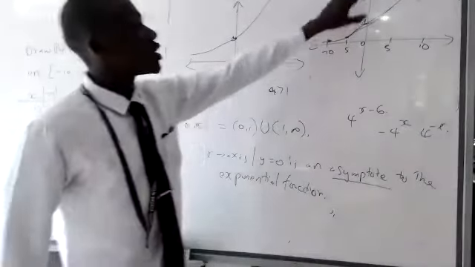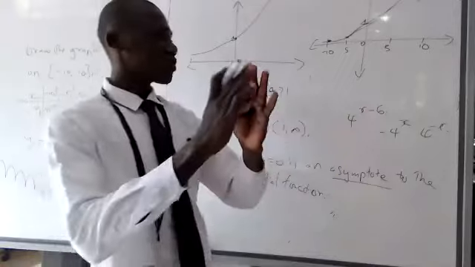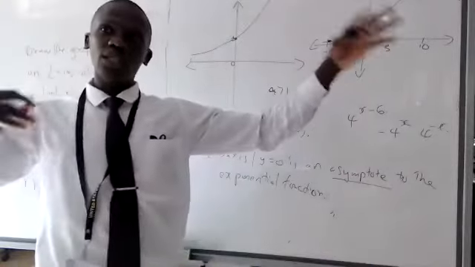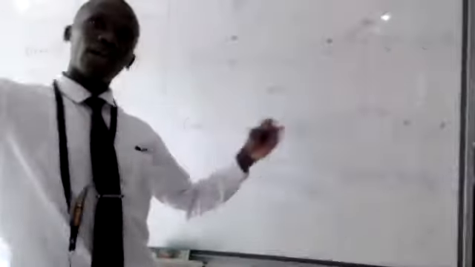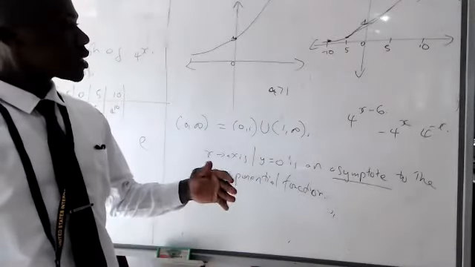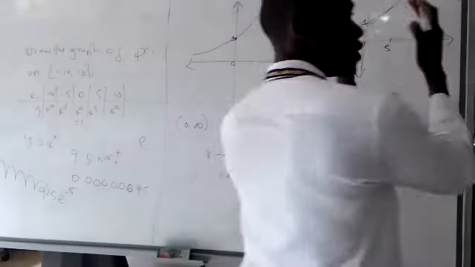You do just shifting or a reflection. Reflection can be on the x-axis or on the y-axis, or it could be on the line y is equal to x. Shifting simply means taking the curve the way it is and moving it.